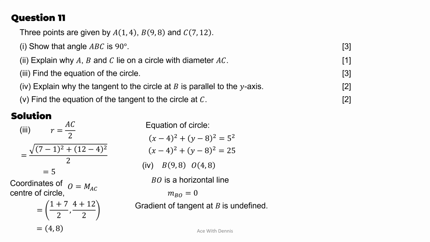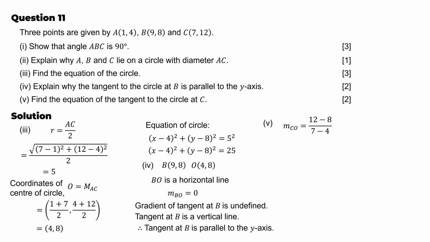Then, the gradient of the tangent at B is undefined as it is perpendicular to the line BO. So this shows that the tangent at B is a vertical line, and hence the tangent at B is parallel to the y-axis.